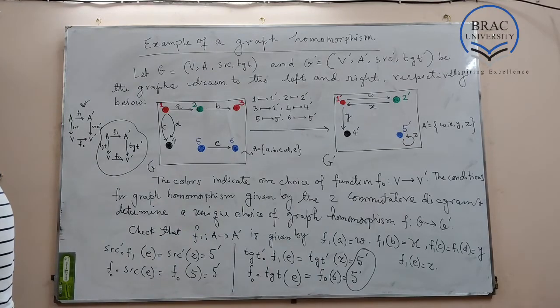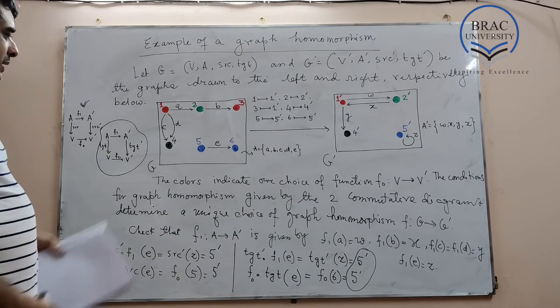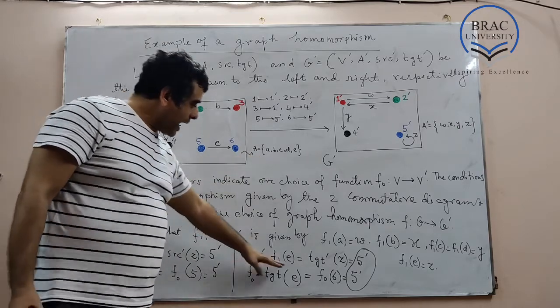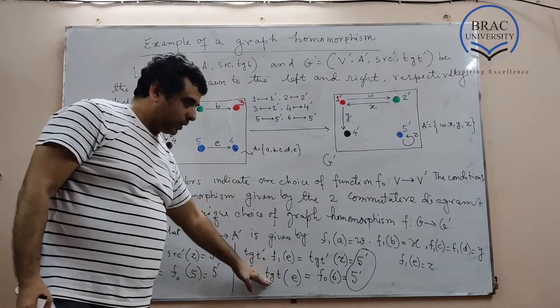So now you can check that for any choice of element from this set, you are going to have them be equal, right?